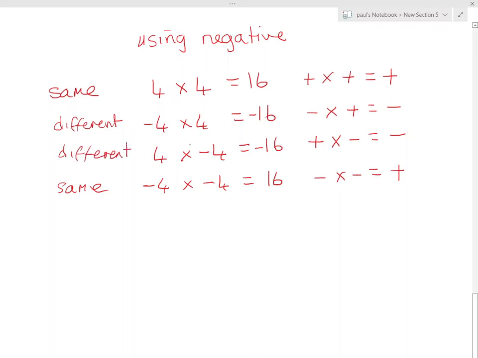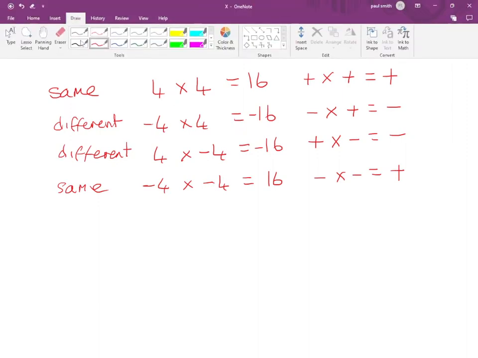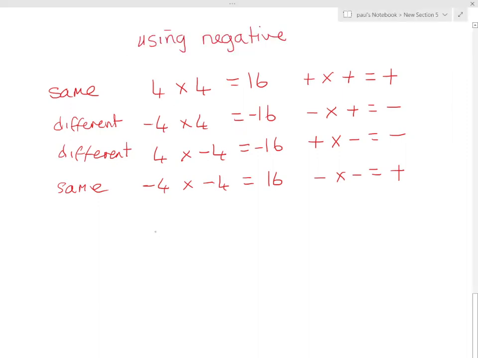And this is the same when we're dividing. So let's do 10 divided by 2 equals 5. See, we've got a plus divided by a plus equals a plus.